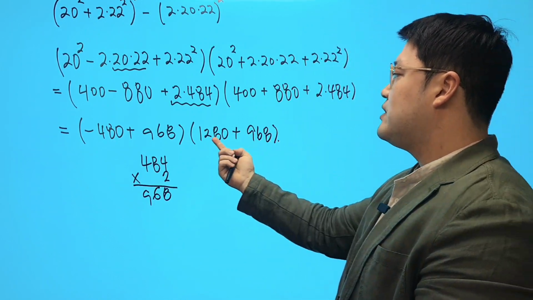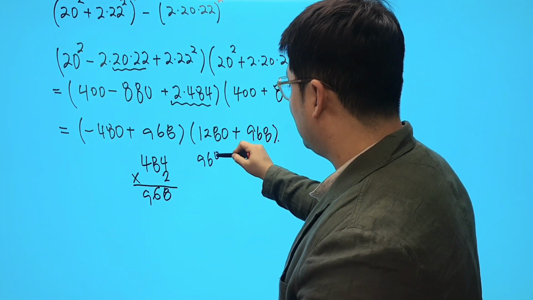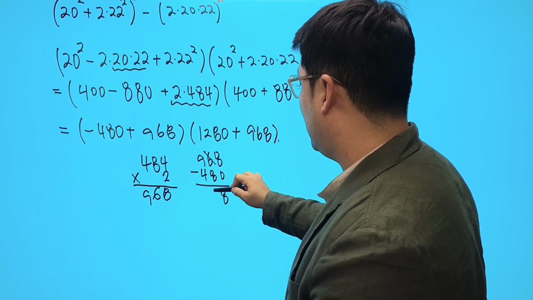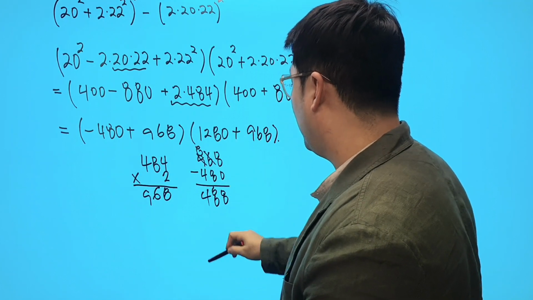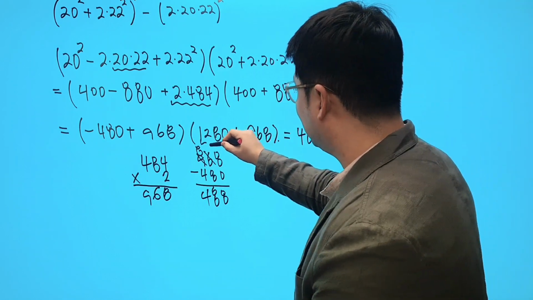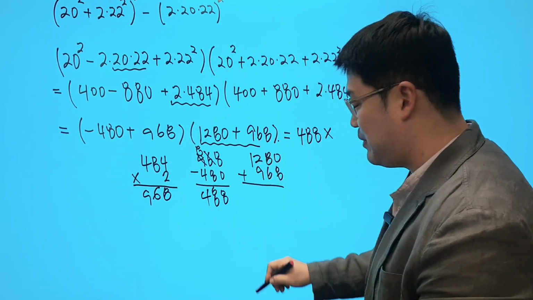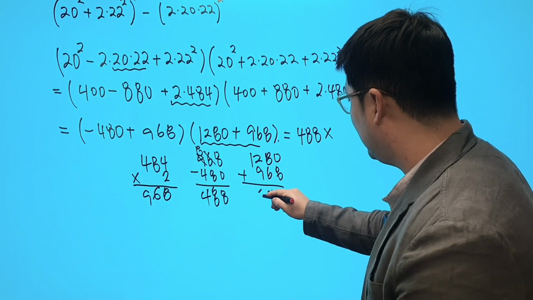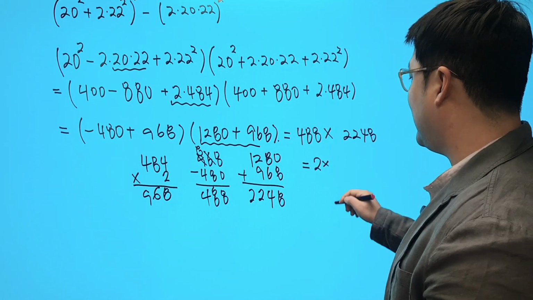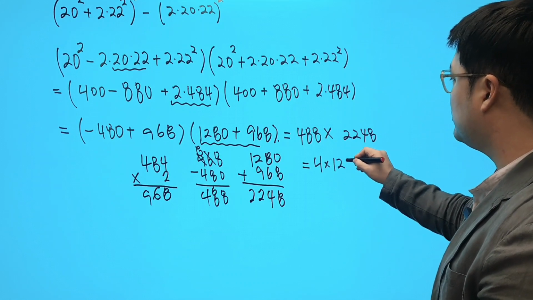So we end up getting 968 minus 480, which is 488. And 1280 plus 968, if you add it up, gives 2248. We notice that these share a factor, so we can make it 4 times 122.